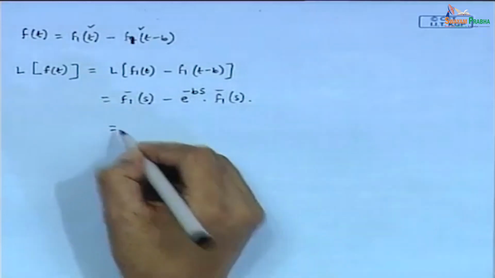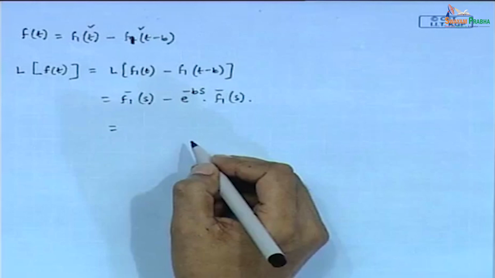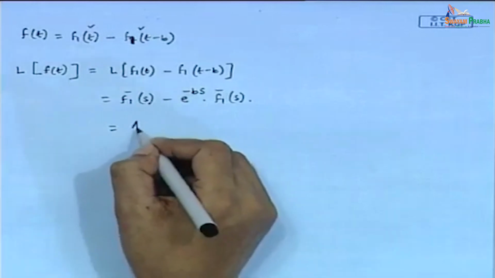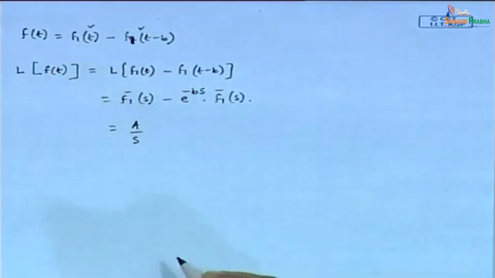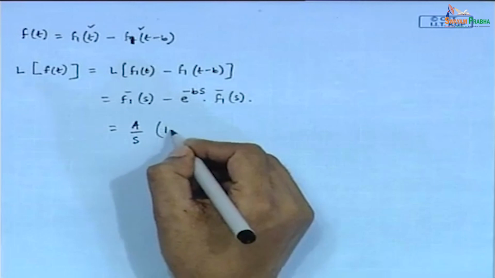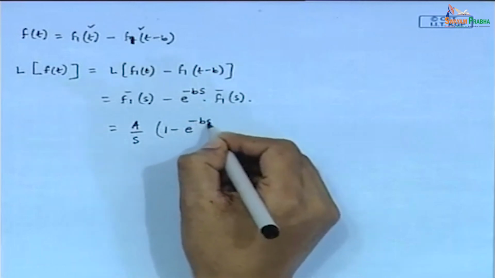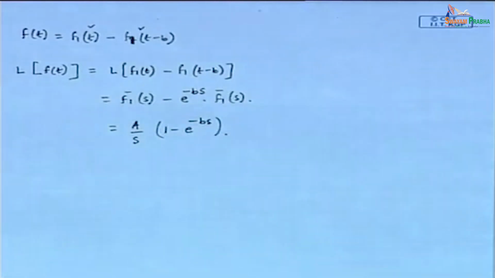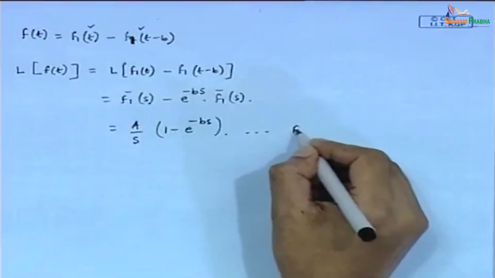So, f1 bar is a by s, fine. That is the step function only with the magnitude of a. So, a by s times 1 minus e to the power minus bs. This is the Laplace transform of a rectangular pulse function. This is the final form for the pulse function.